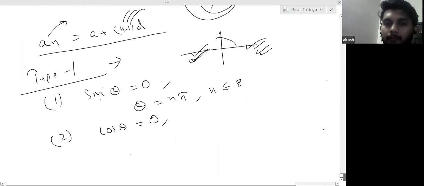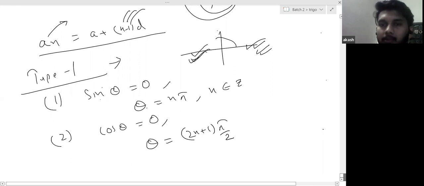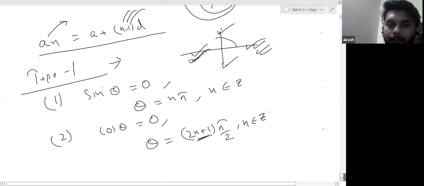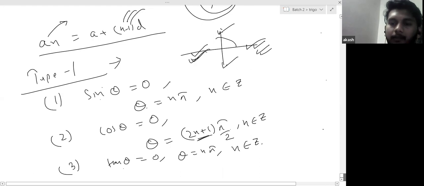If cos theta is 0, then theta will be odd multiples of pi by 2, because cos is 0 here and here, right? So pi by 2, 3 pi by 2, 5 pi by 2, 7 pi by 2, and so on. So odd multiples of pi by 2. Here also n belongs to Z. If tan theta is 0, tan is 0 where sine is 0, so theta will be n pi. n belongs to integers.